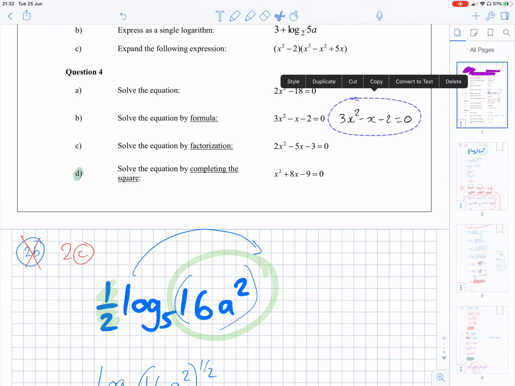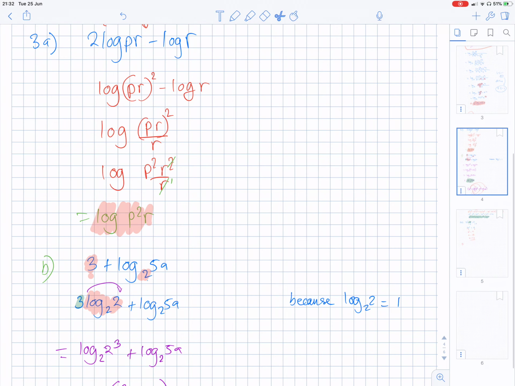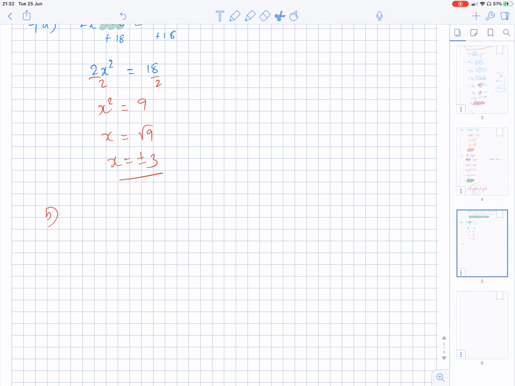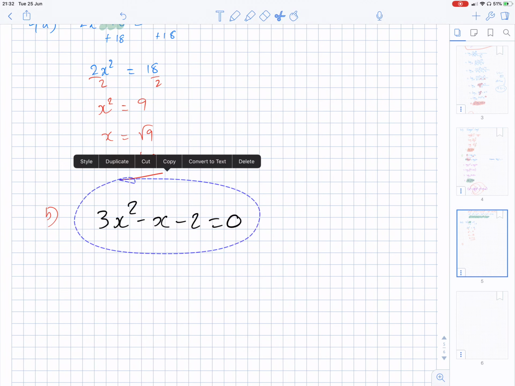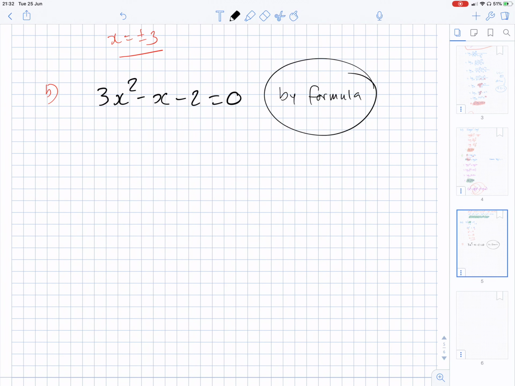Let's copy this first, paste, make it bigger. So we're trying to solve this by formula. And the formula says x is equal to minus b plus or minus square root of b squared minus 4ac, over 2a.